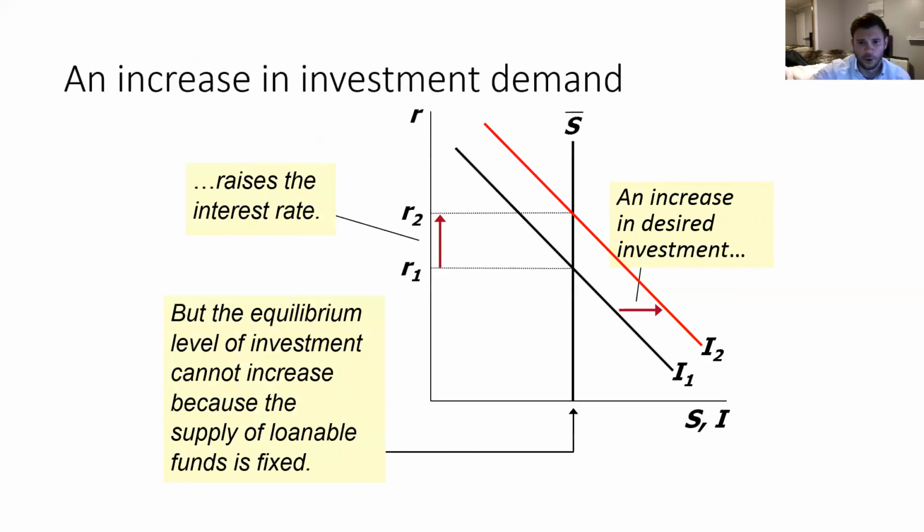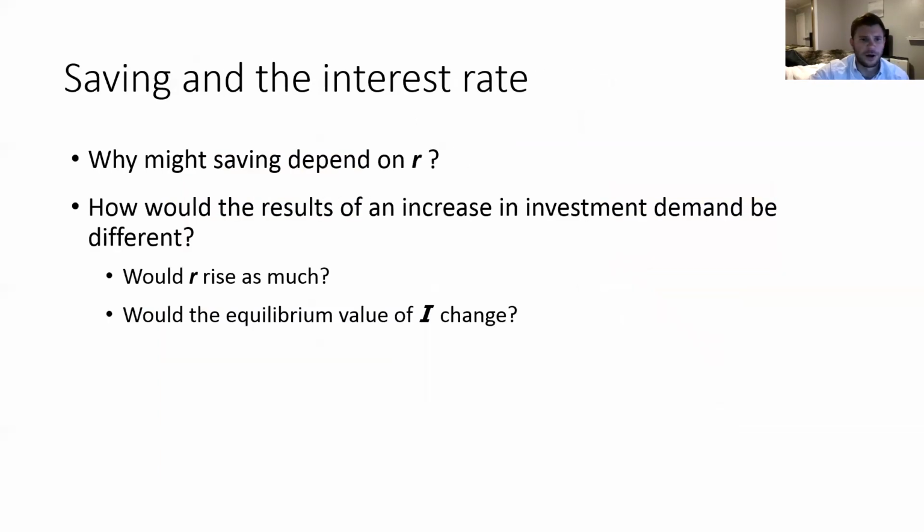Now, I mentioned before that we could think about a model whereby the savings function was upward sloping as a function of R, and that makes sense, right? The higher the interest rate is, the greater of a return you get from saving your money.